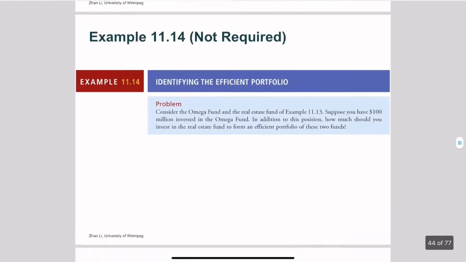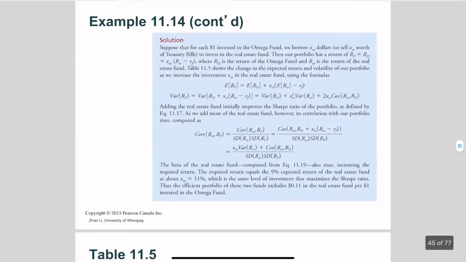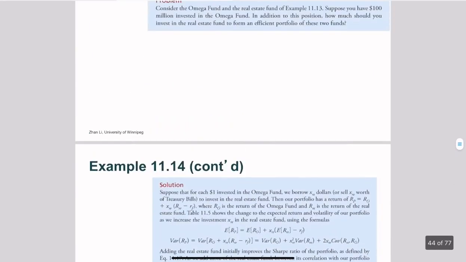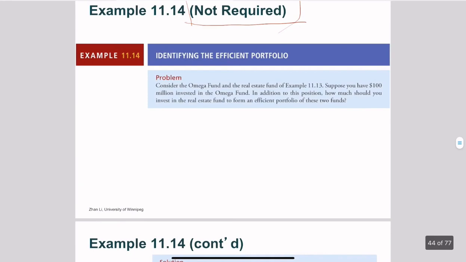Okay, let's look at this example here. This example is not required, but it's worth looking at this solution. Consider the Omega fund and the real estate fund we just talked about. Suppose you have $100 million invested in the Omega fund.